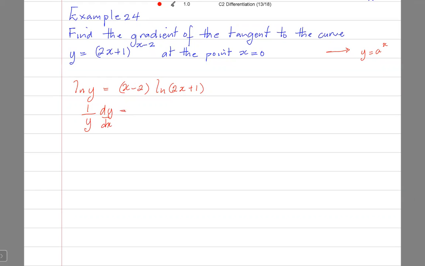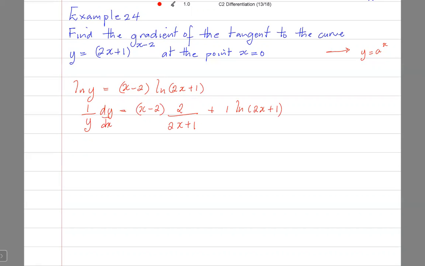On the right hand side now I have a product, so I'm going to have to use the product rule: leave the first, which is x minus 2, differentiate the second. If I differentiate ln(2x plus 1), I get 2 over 2x plus 1. Plus differentiate the first: when I differentiate x minus 2, we get 1, and leave the second, ln(2x plus 1).